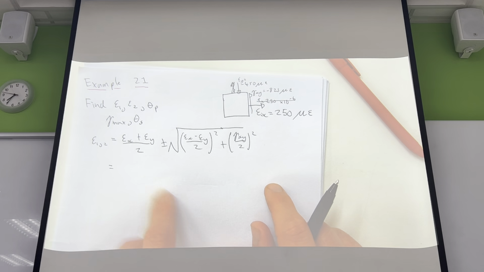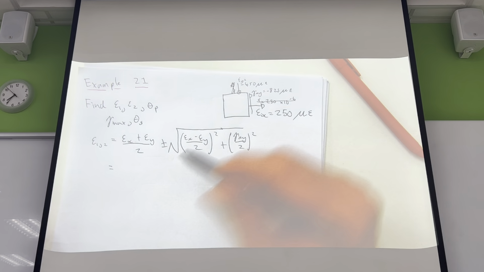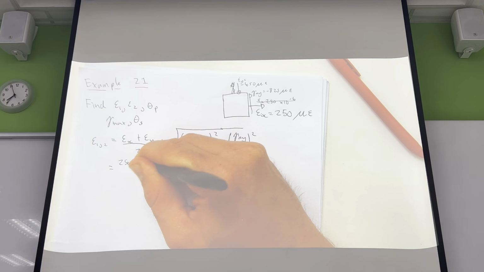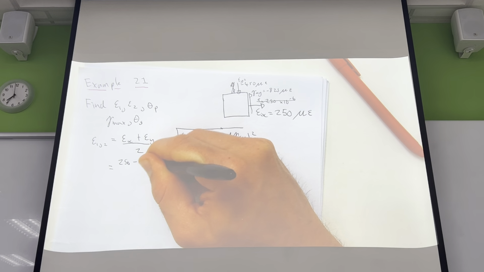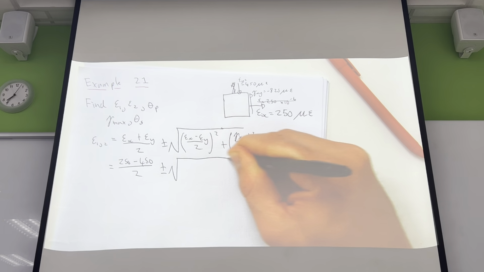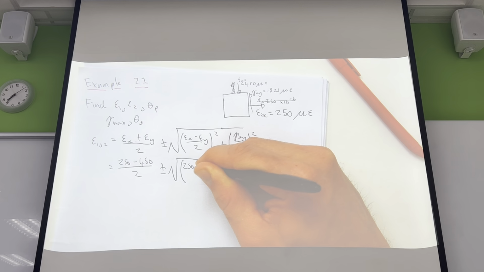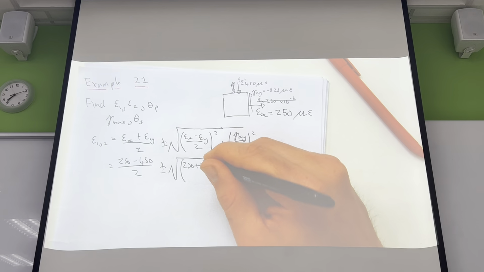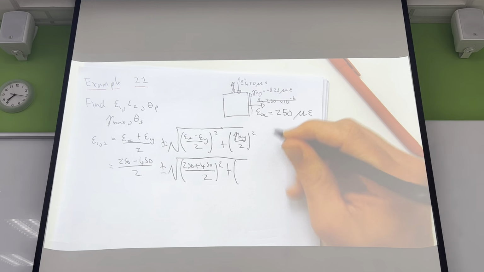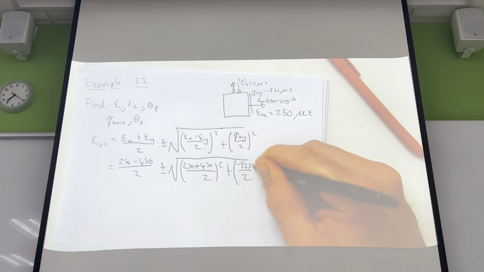These are all going to be microstrains, so I'm just going to keep that microstrain to the side. So we have 250 minus 450 divided by 2, plus minus, 250, well, plus I guess, because it's minus the negative 450, divided by 2 squared, plus negative 825 on 2 squared.